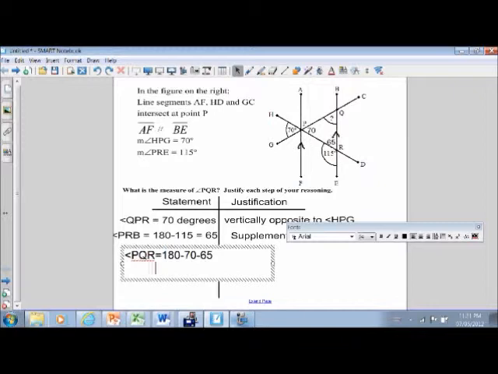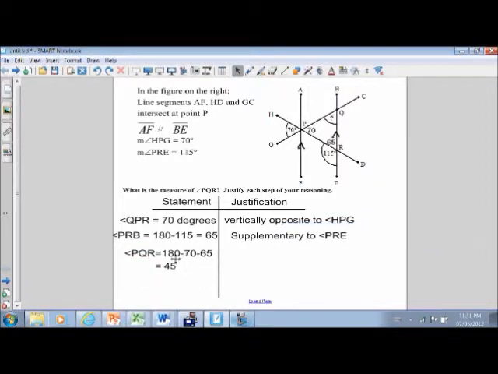And that equals 45 degrees. 135, 180. So angle PQR equals 45 degrees. How do we know that there are 180 degrees?